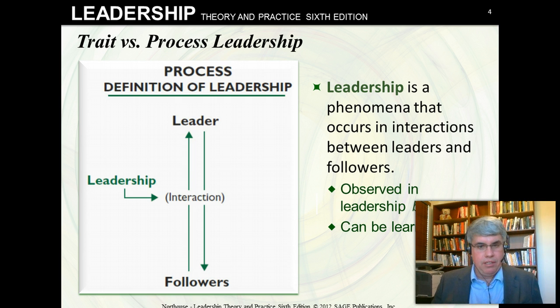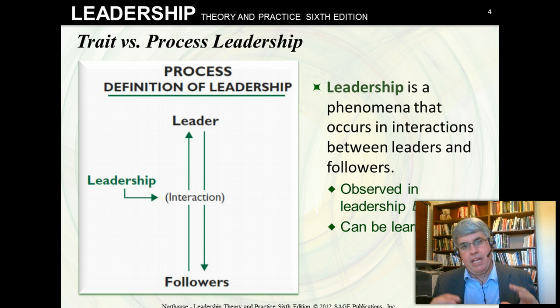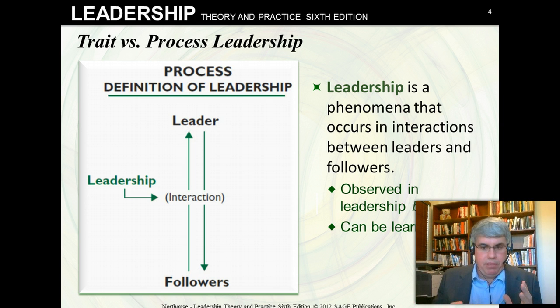It's observed in leadership behaviors, in what the leader does, but it's going to depend on the followers, it's going to depend on the context. It depends on what the leader does in the specific context with the specific followers, how the followers respond, how the context changes, and it's far more complex than simply a bunch of traits.